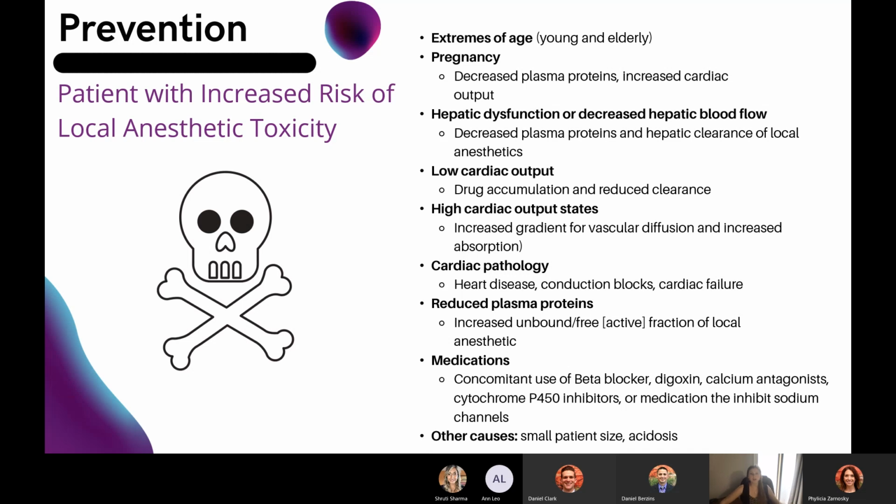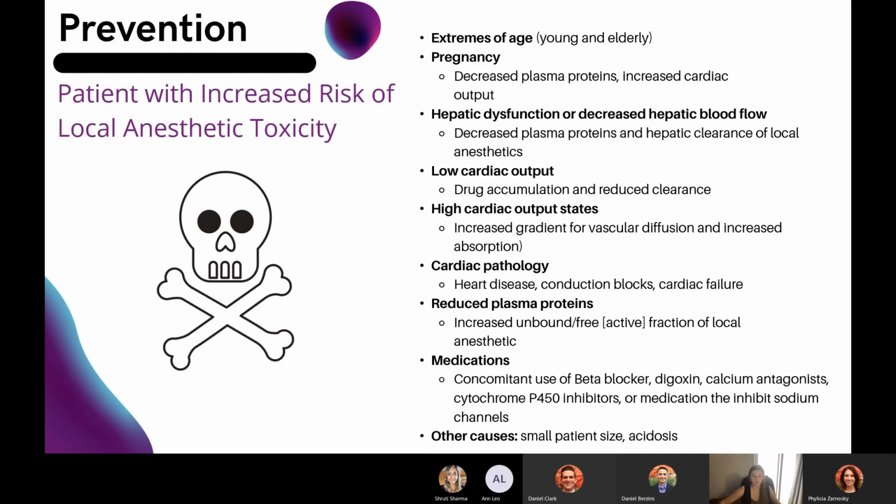Patients with comorbidities of kidney, liver, and heart have a decrease in elimination and/or metabolism, so they will also be at higher risk. Hepatic dysfunction or a decrease in hepatic blood flow causes a decrease in plasma proteins and hepatic clearance of local anesthetics. Low cardiac output will cause drug accumulation and reduce clearance.